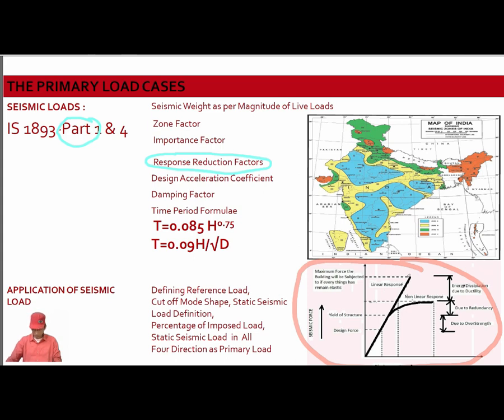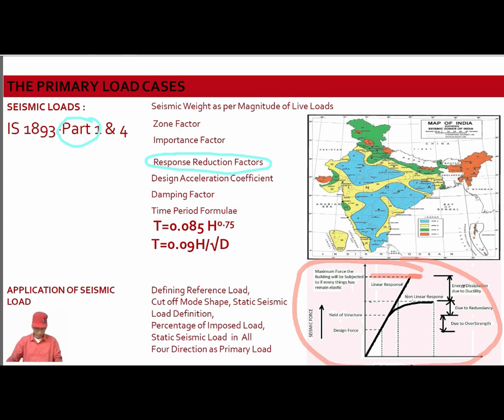So the actual seismic load shall be up to this part, but in actual design we reduce this by dividing it by the response reduction factor to make the design economically feasible.